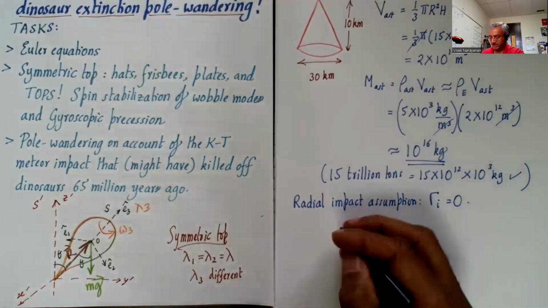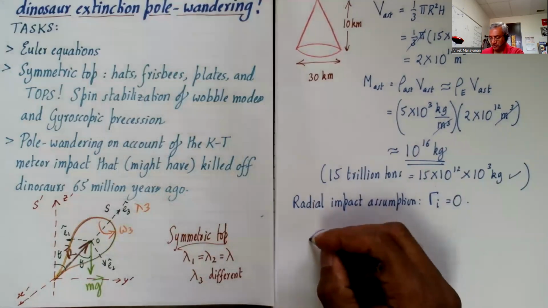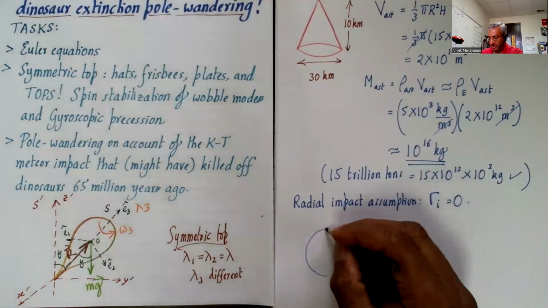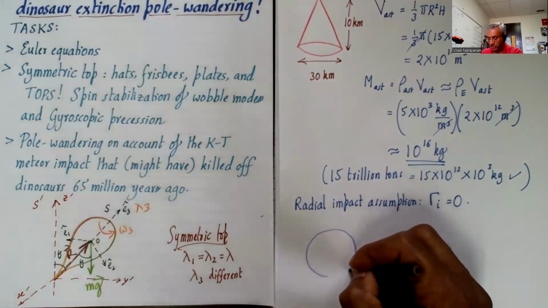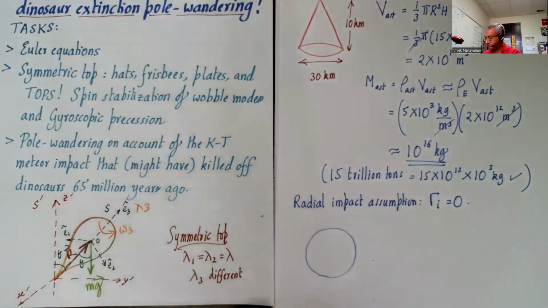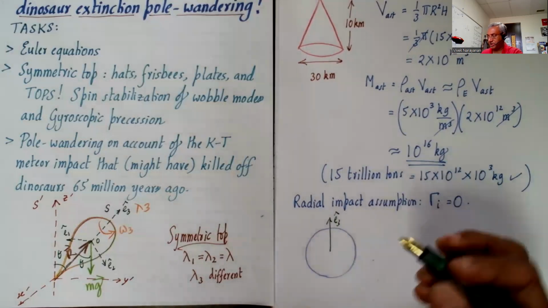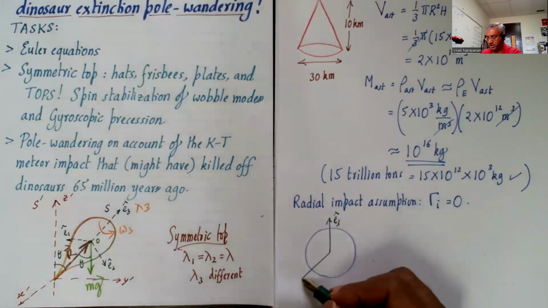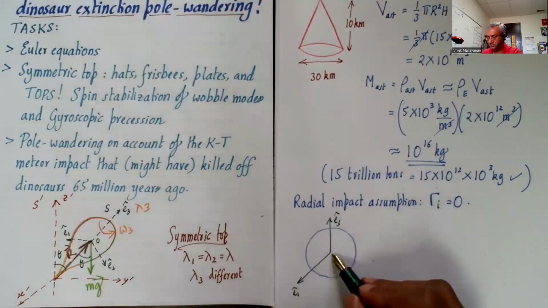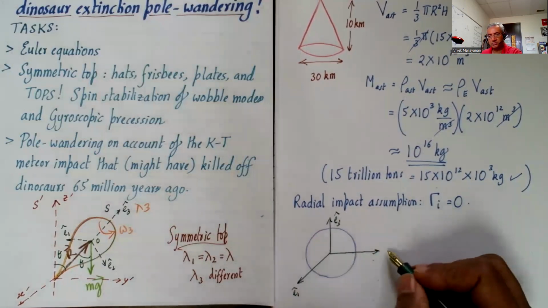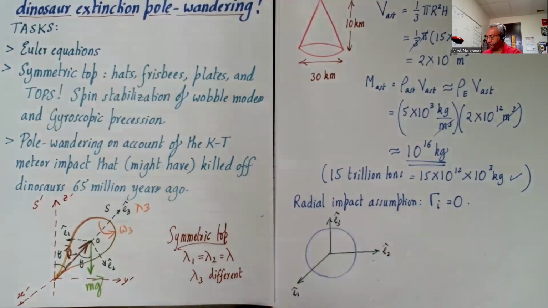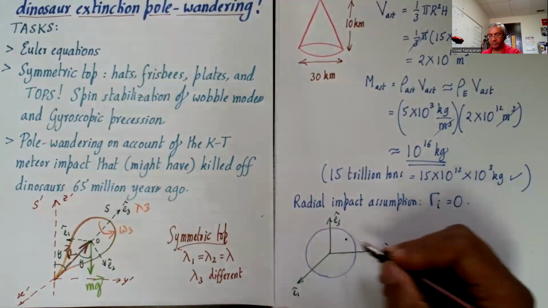Now, let's draw the picture of the Earth to get some handle on what's going on here. The Earth's axes are E3, E1, and E2. The standard polar coordinate system is going to be used where the point of impact would be that.